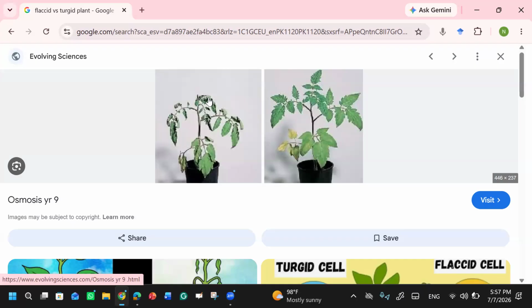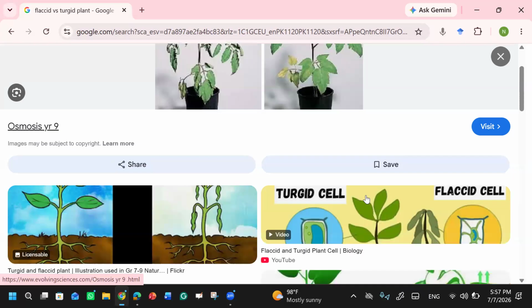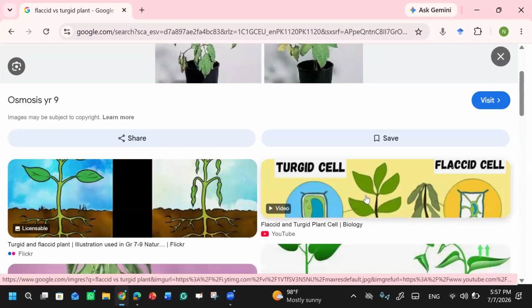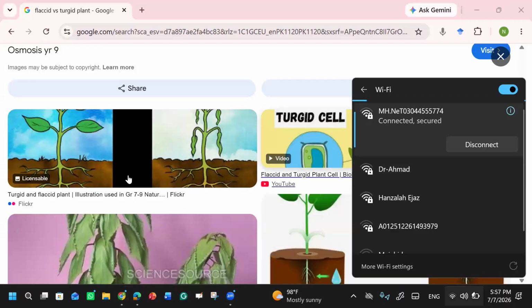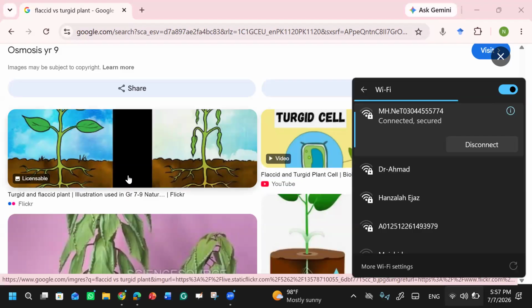Can you hear me? I think there is some issue with the connectivity. The left one is flaccid.